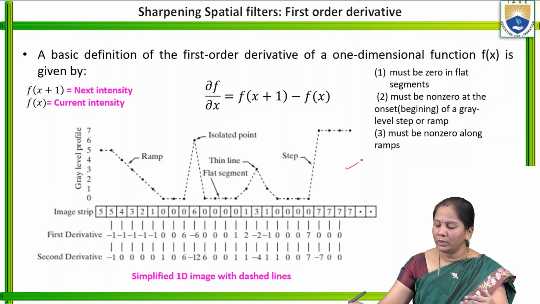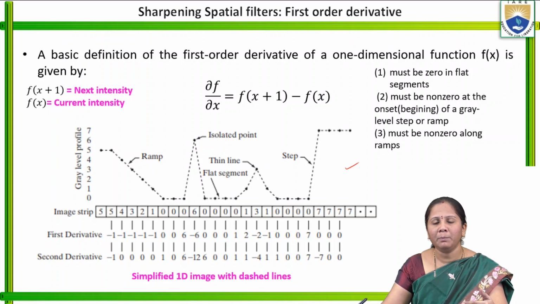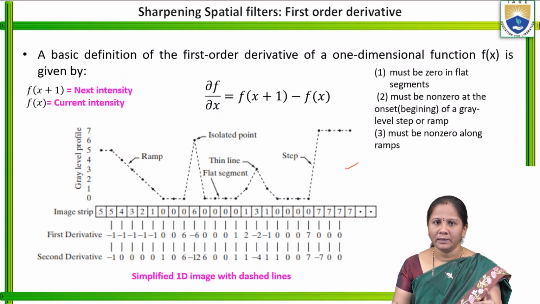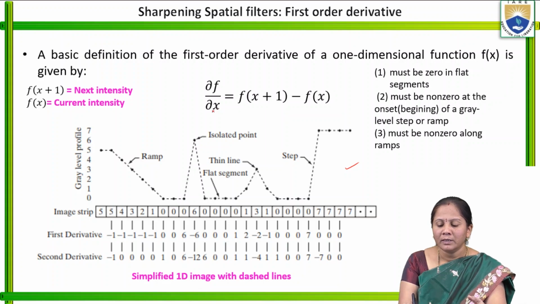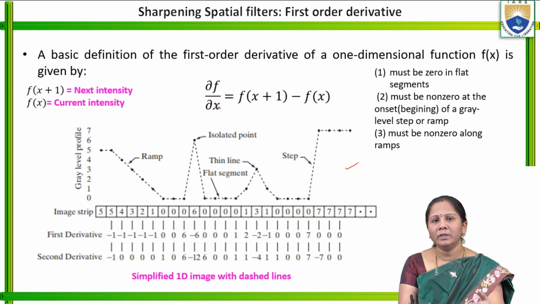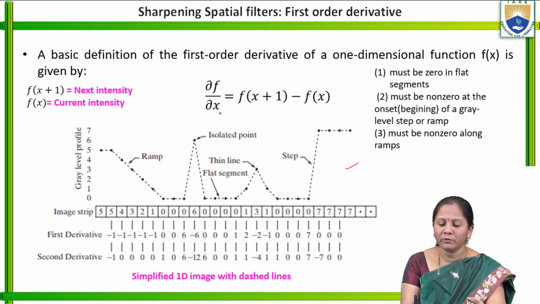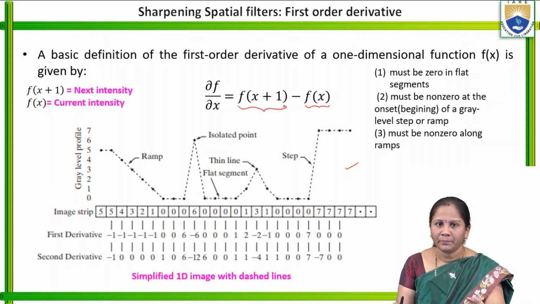As we learned in the previous slide, the first order derivative for a one-dimensional function is dou f by dou x is equal to f of x plus 1 minus f of x. f of x is the current intensity and f of x plus 1 is the next intensity.